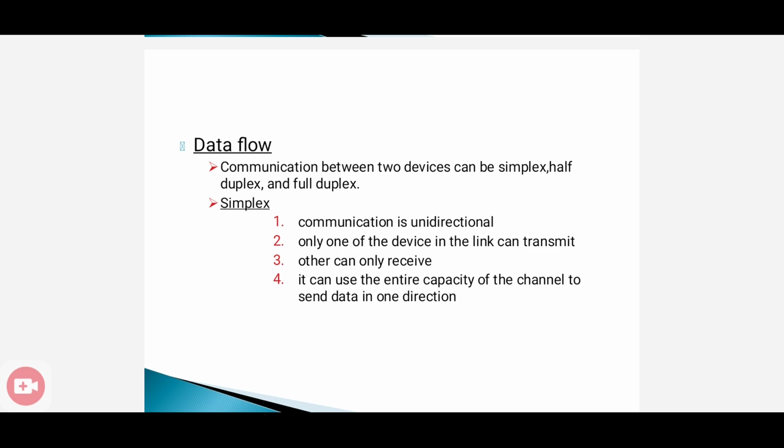That is unidirectional communication. That means only one of the devices can send a particular message, and the other device should be a receiver. So it can use the entire capacity of the channel to send the data in one direction. So the communication between the devices is unidirectional in the simplex mechanism.